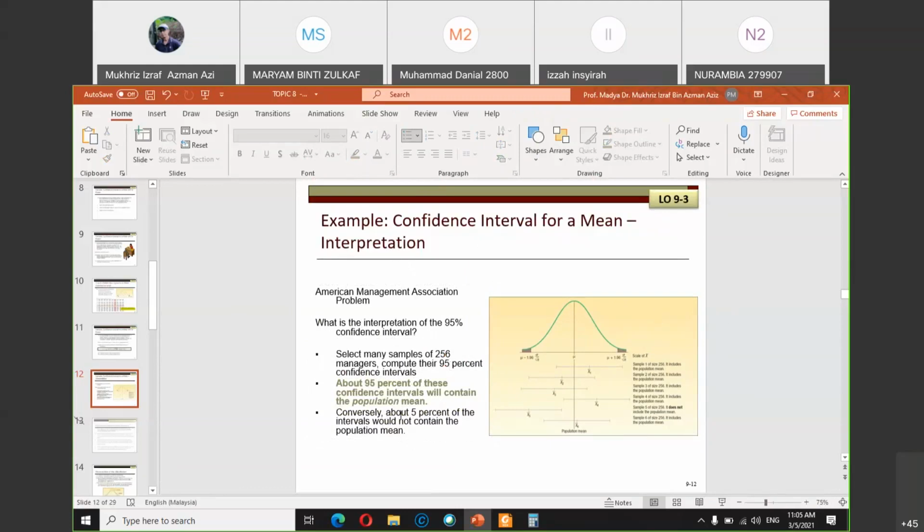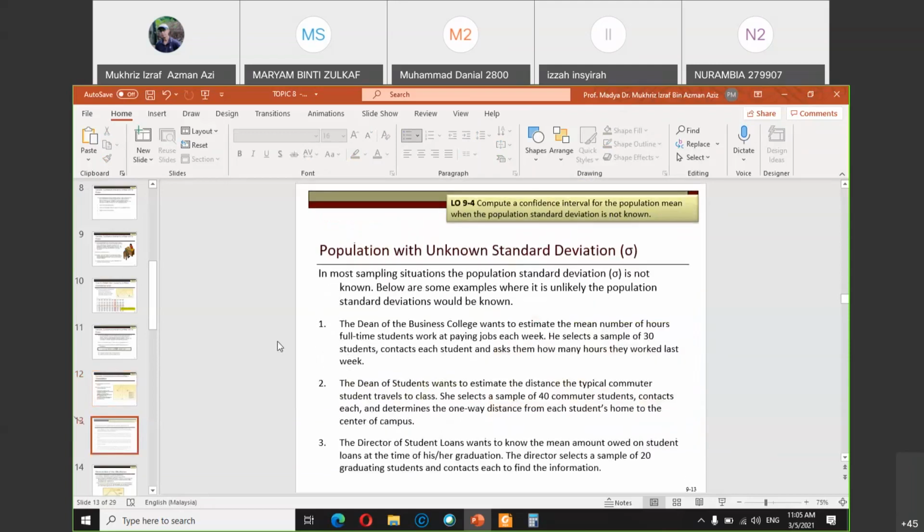Conversely, 5% does not contain it, for example this one could be the 5%. When you repeat the process many times, 95% of the intervals will include the population mean, except the remaining 5%. That is when the sigma is known.